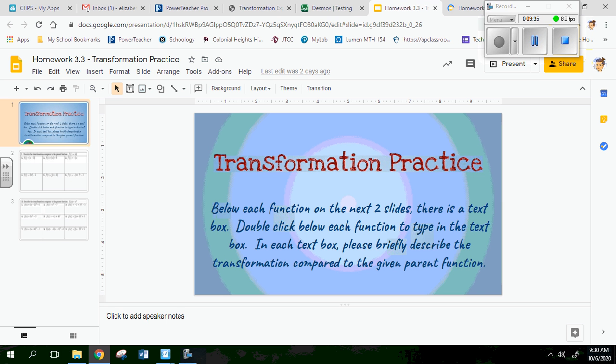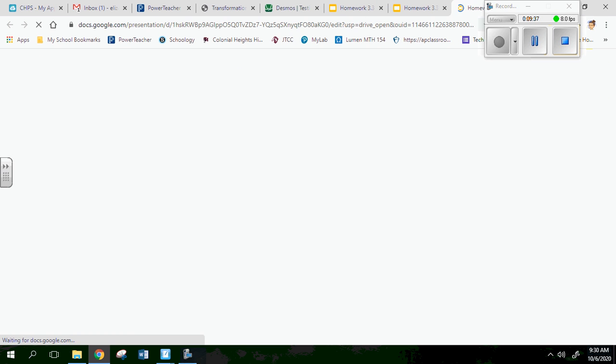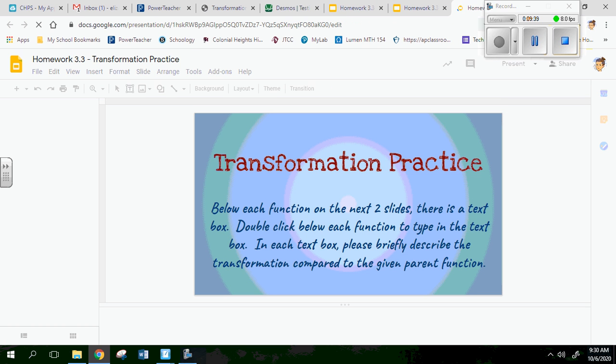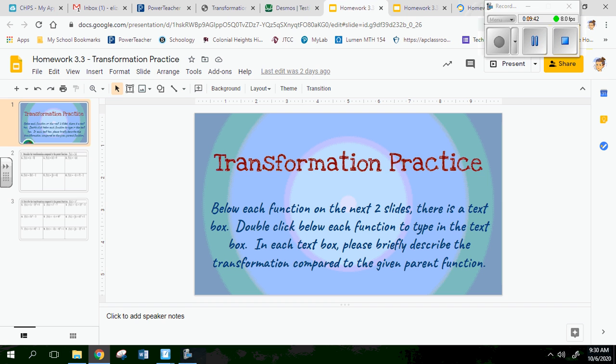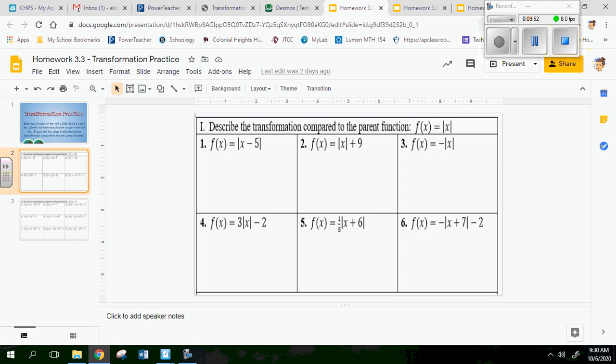You're going to double click below each function so that you can type in that text box. And then in the text box, you're going to briefly describe the transformation when you compare it to the parent function. But you're not going to type them in Desmos. You're going to use the rules that we just talked about. This should go very quickly.